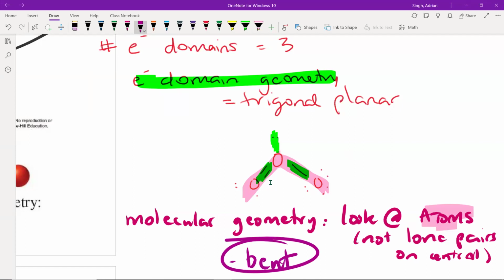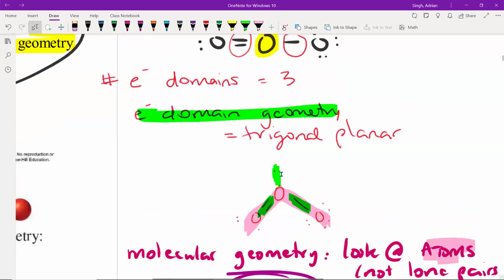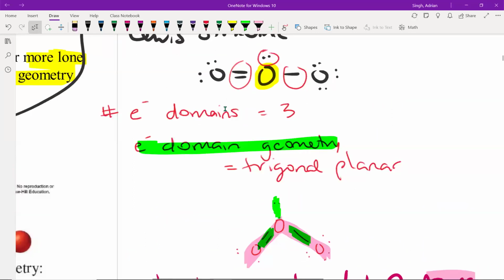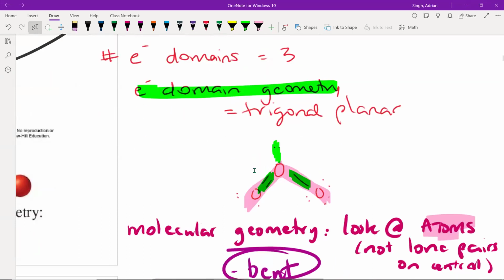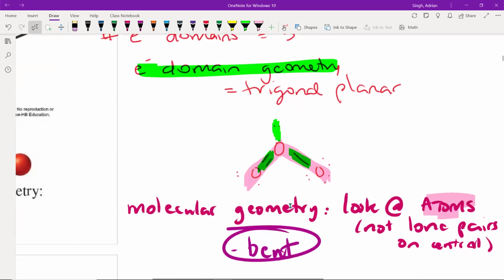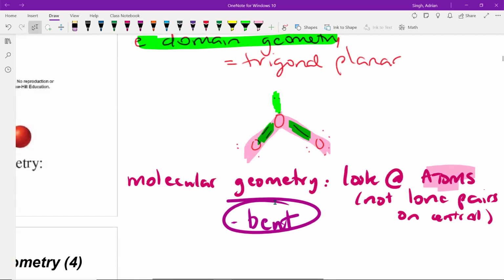And that will be the shape of the ozone molecule. But in order to come up with this shape, we first of all have to know how many electron domains are around the central atom. They're going to have a particular electron geometry. And then we just look at the atoms connected to each other. How are they oriented relative to each other? That is the molecular geometry.